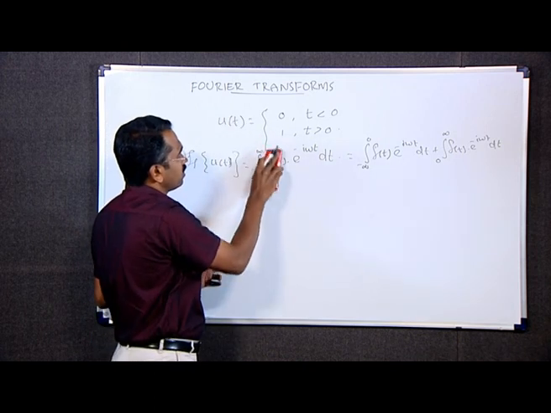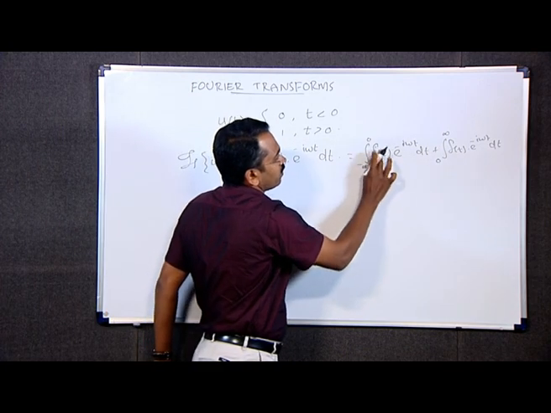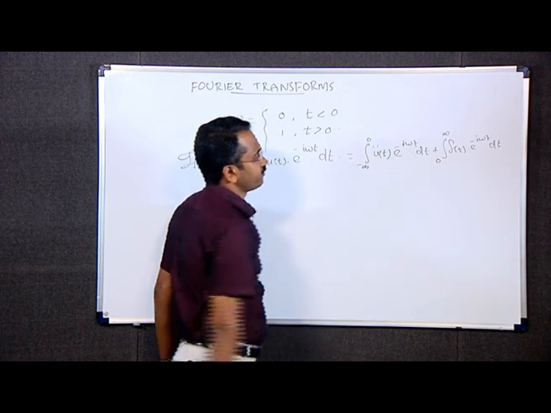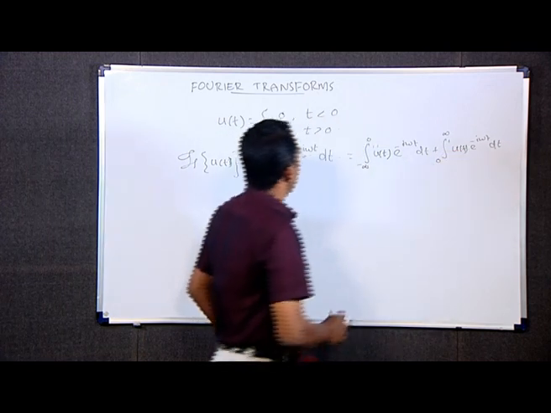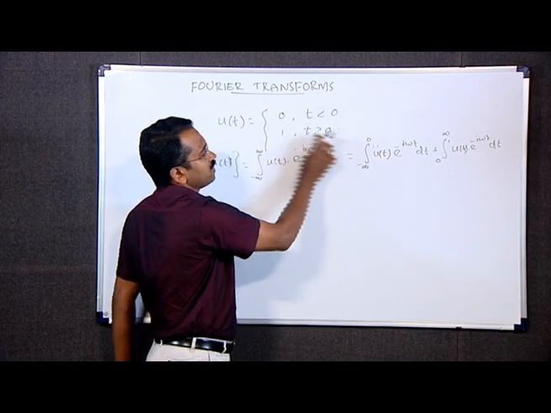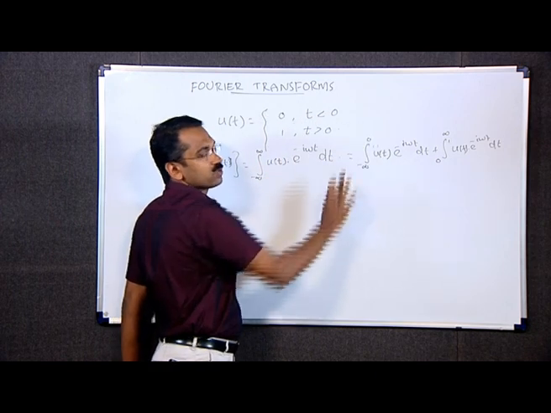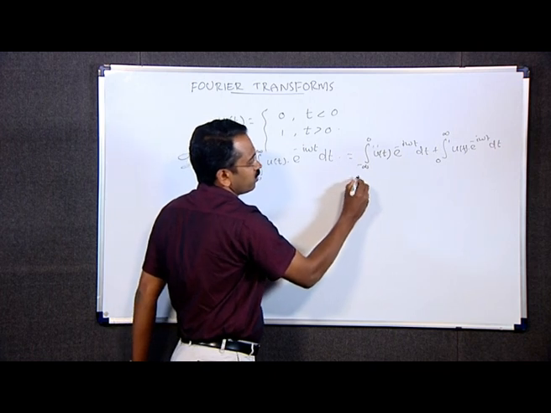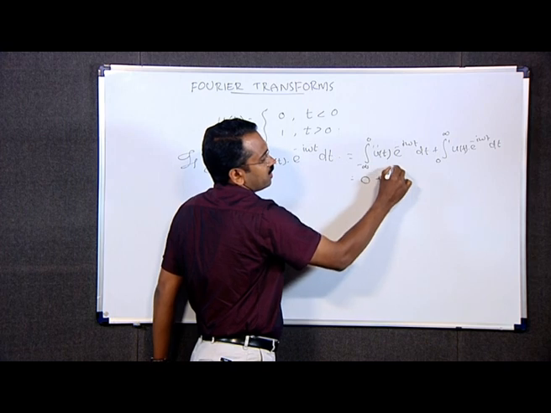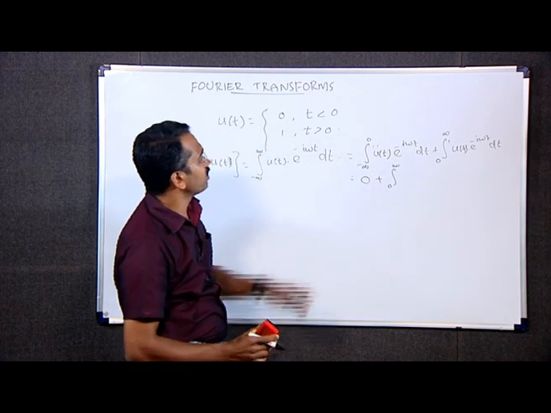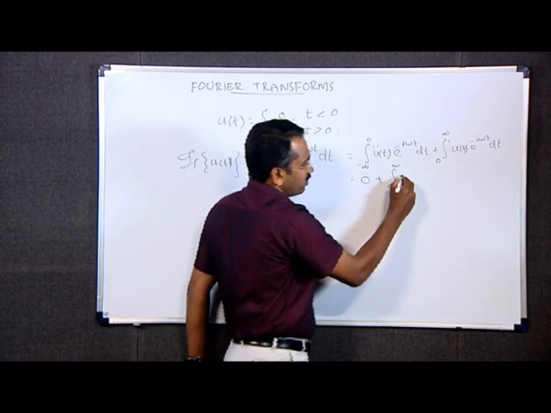Therefore, we can replace f by u. In this first integral, u of t is defined as 0 because t is less than 0. Minus infinity to 0 means t is less than 0. Therefore, 0 plus. Here in this case, the integral from 0 to infinity means t is greater than 0, in which case u of t is defined as 1.